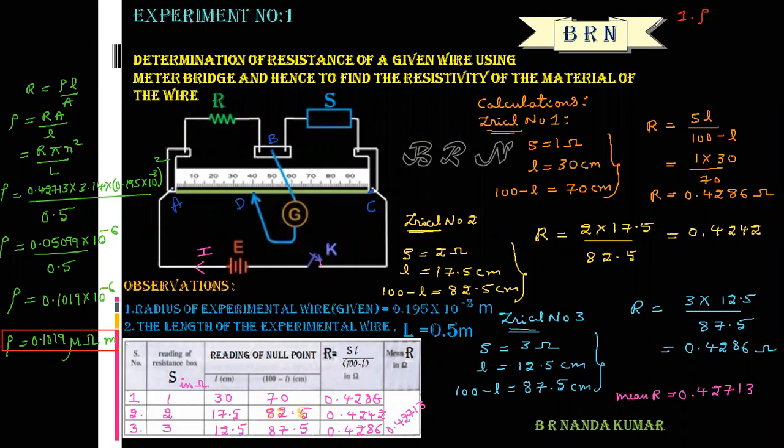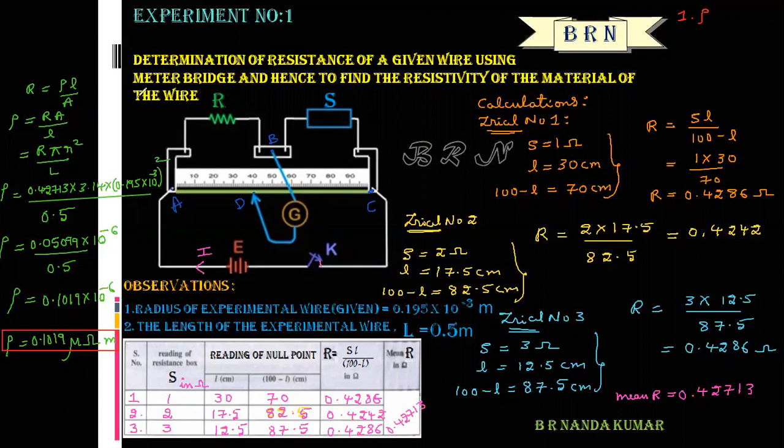Resistivity is numerically equal to the resistance of a unit cube of a substance, or the resistance of a wire having unit length and unit area. That is the meaning of resistivity.